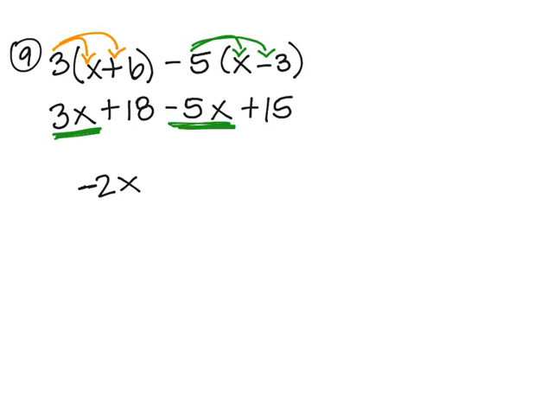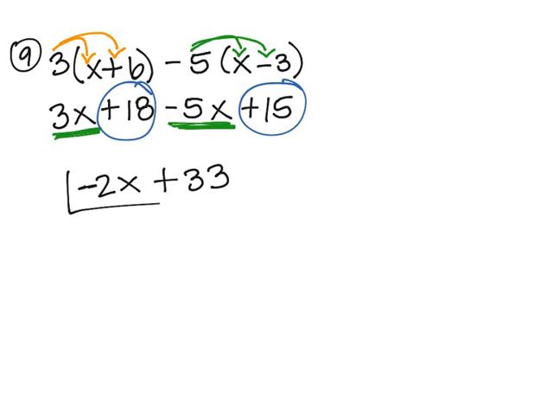Then you're going to combine 18 plus 15. What is that? Positive 33? Questions? Very good. Does everyone see how they want you to simplify? Distribute and then combine like terms. Okay?